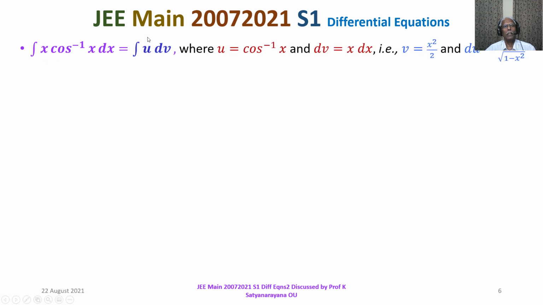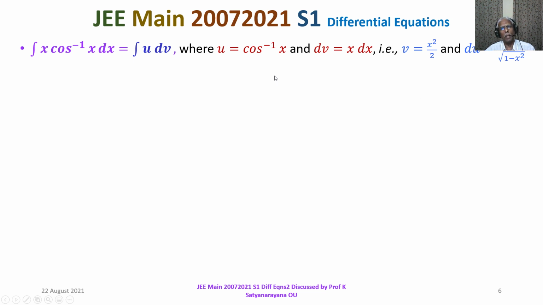Integral x cos inverse x dx is equal to integral u dv, where u is cos inverse x and dv is x dx. So when dv is x dx, v will be integral x dx, that is equal to x square by 2. When u is equal to cos inverse x, du is equal to minus 1 by under the square root of 1 minus x square.